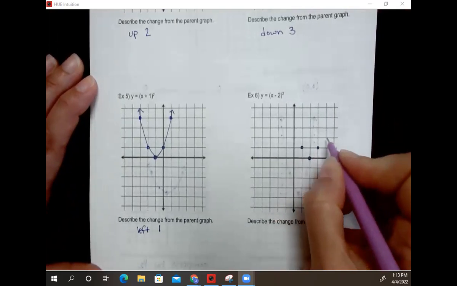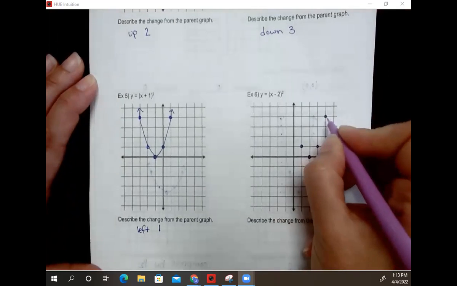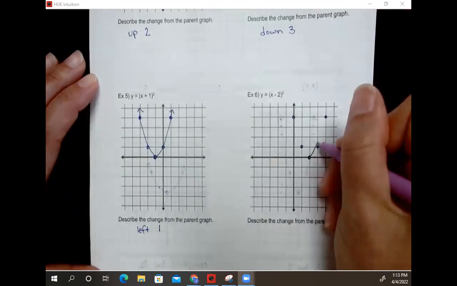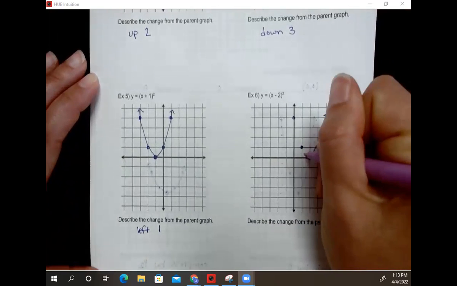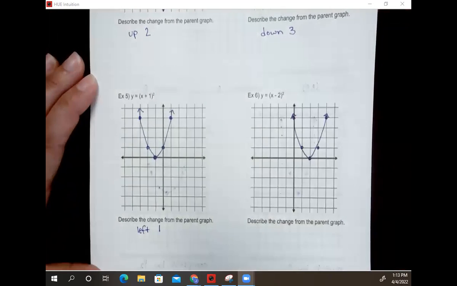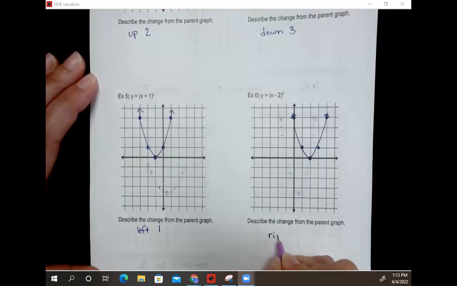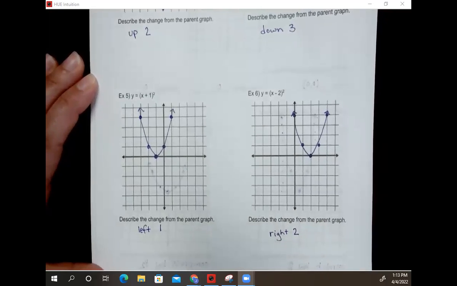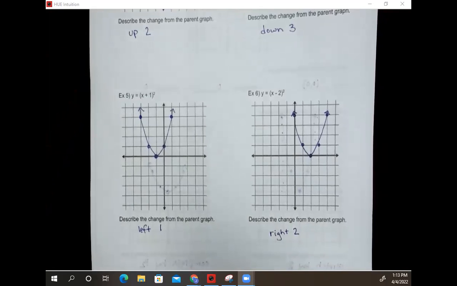Out 2, up 1, 2, 3, 4 on either side. So there's our graph, and we have moved to the right 2 places. Questions for me on 4 or 6?